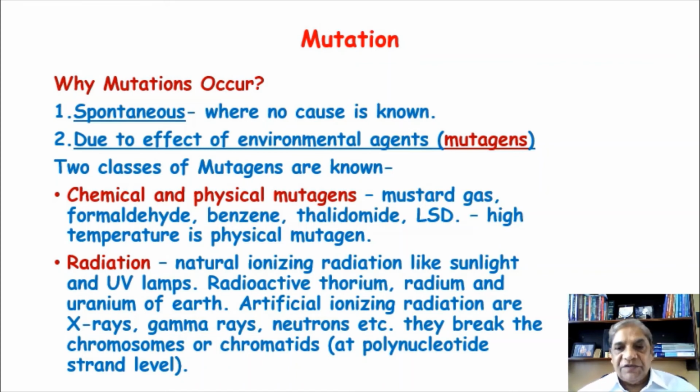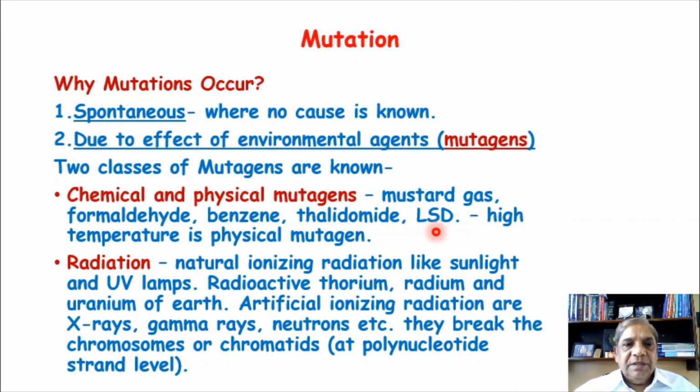Let us first come to the chemicals known for causing mutation at the molecular level in the DNA strand. The best known example is mustard gas. Then formaldehyde, which we inject in dead bodies, benzene, thalidomide, and LSD, the habit forming drug.